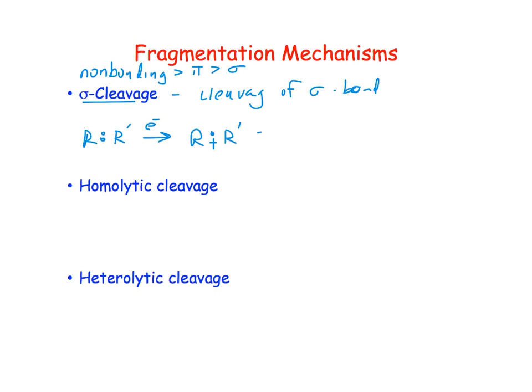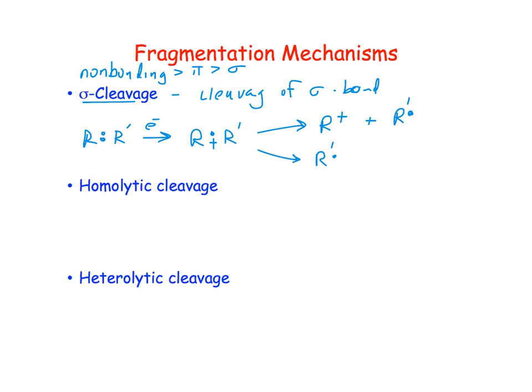But it can break in either of two ways. You can break with the plus on this side and the radical on the other side, or it could break the other way around.